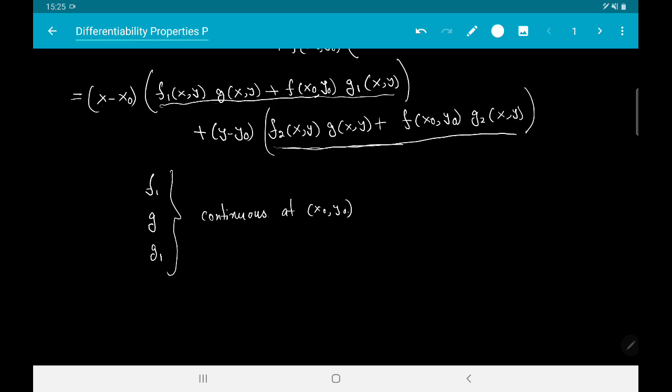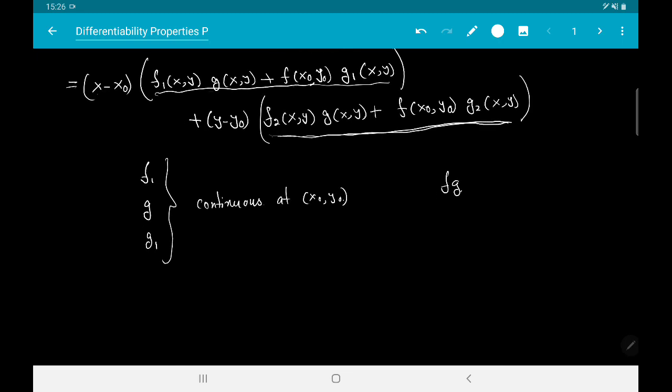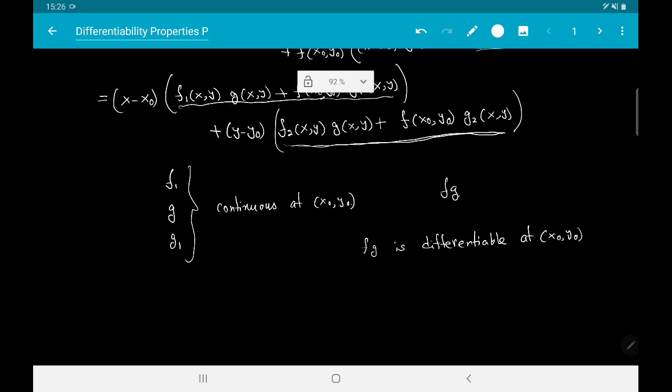Similarly, this term is also continuous at the point x0 y0. So for the function fg, these two functions give me a pair of increment functions, and this shows that fg is differentiable at the point x0 y0. So we have made use of the sufficient condition for differentiability which comes from our increment lemma.